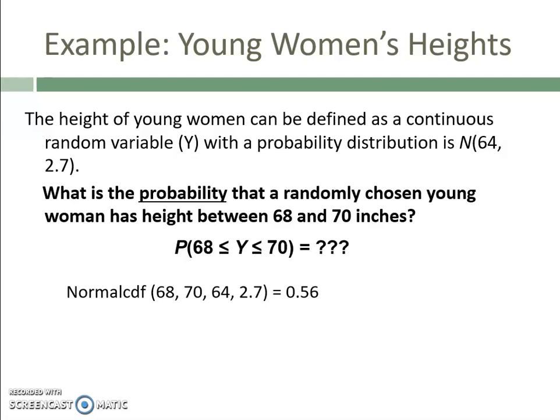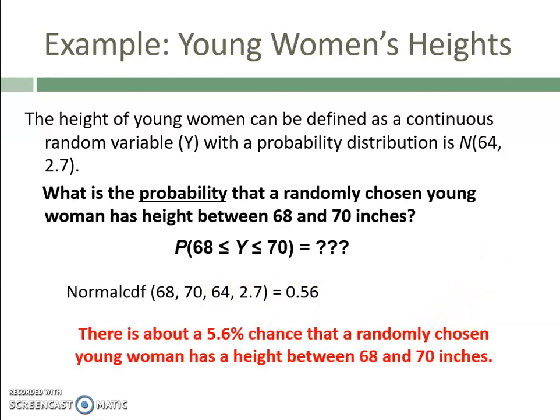Now the only thing here is you want to make sure everything's labeled. So your lower value, your upper endpoint or value, your mean, and your standard deviation. And you get 0.56 or 56%. Sorry, there was a typo. 0.056. So about a 5.6% chance that a randomly chosen young woman has a height between 68 and 70 inches.